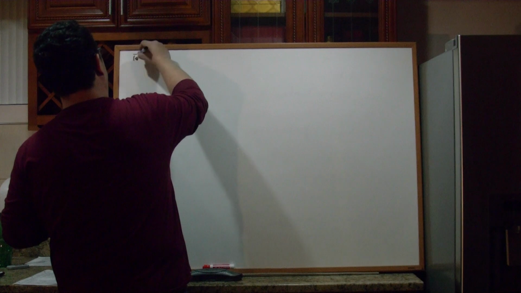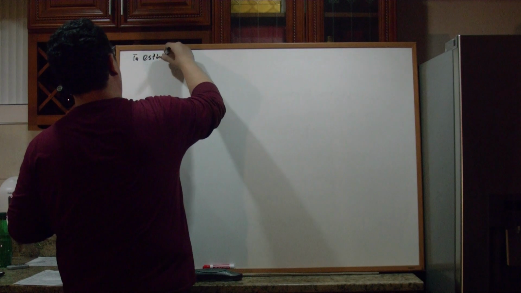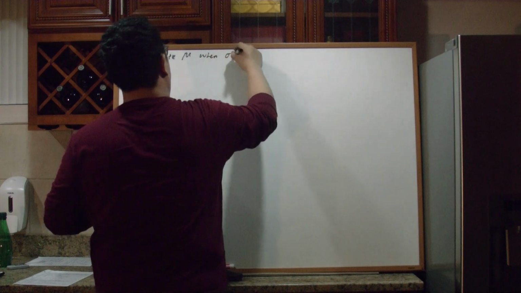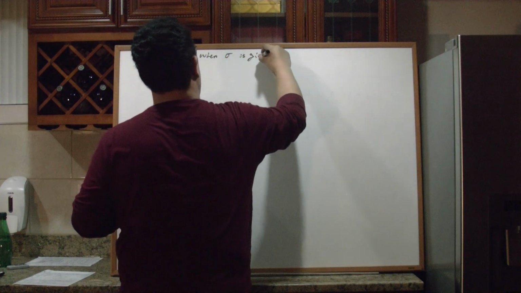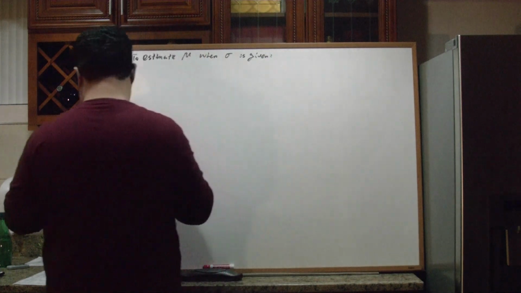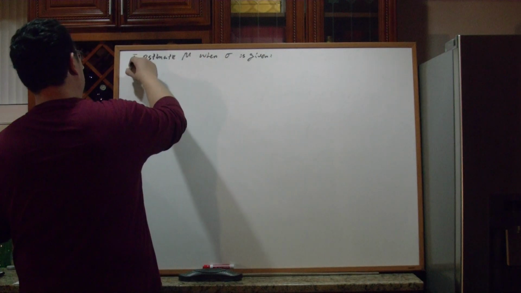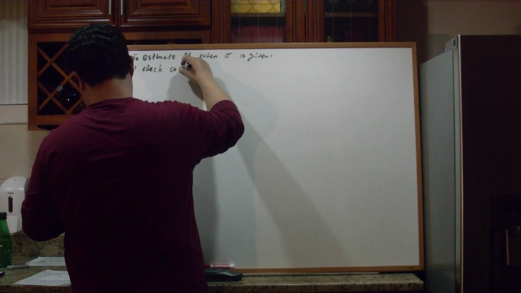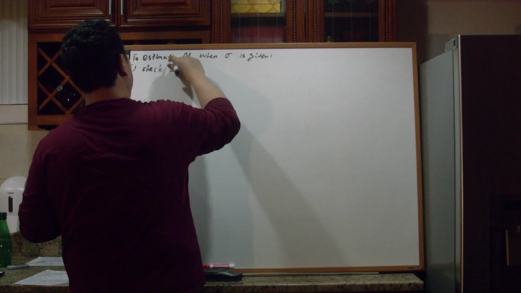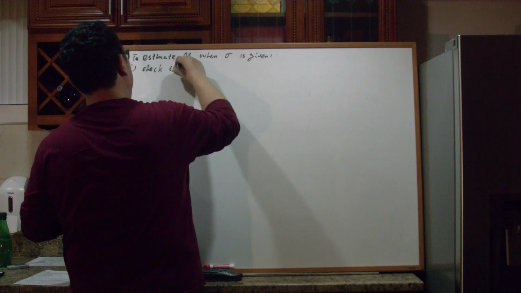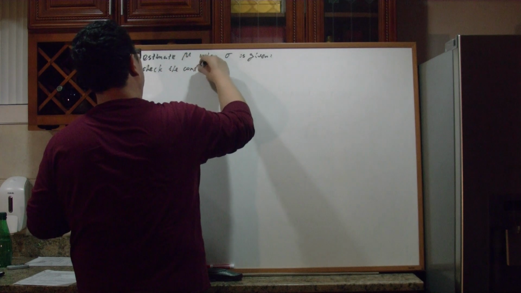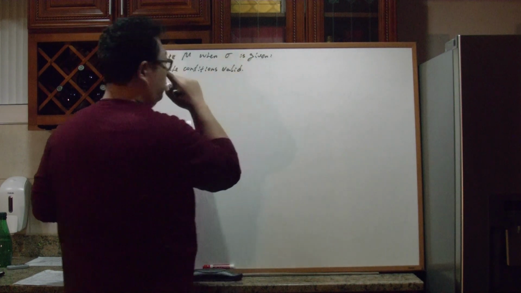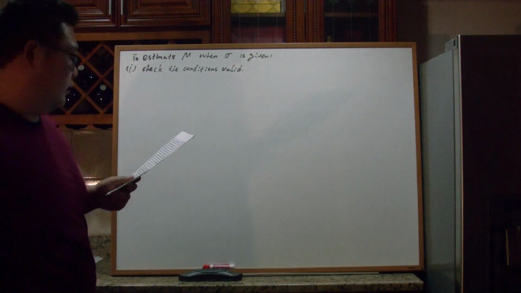So to estimate the population mean when sigma is given, I first check that the conditions are valid, which means the conditions for the central limit theorem are valid.